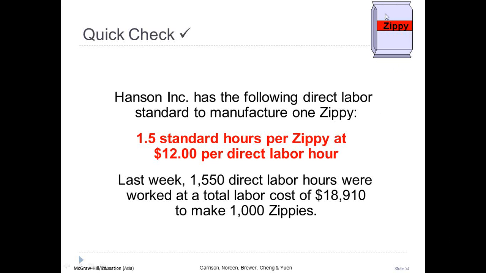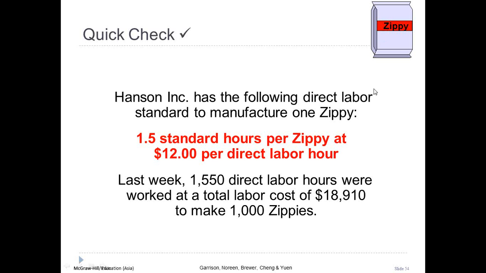So, in this quick check problem, Hansen Inc. incurred the actual labor cost of $18,910. The actual hours paid and worked is given by 1,550 hours.